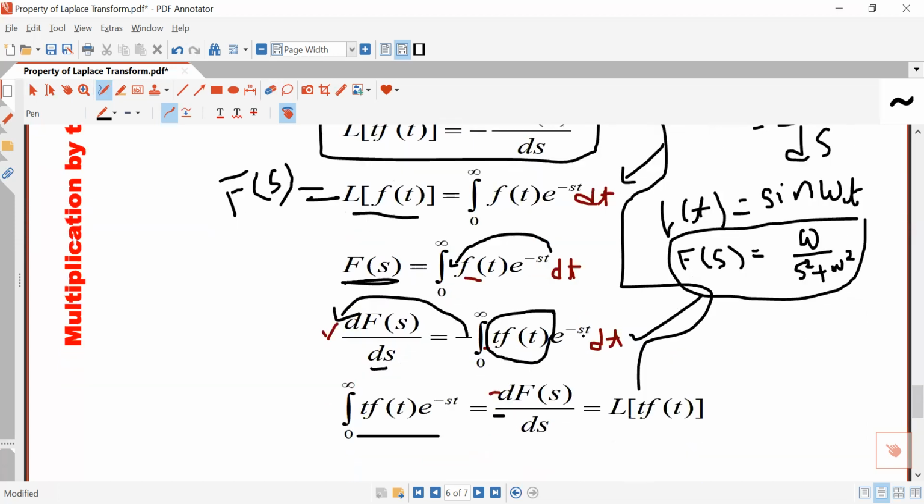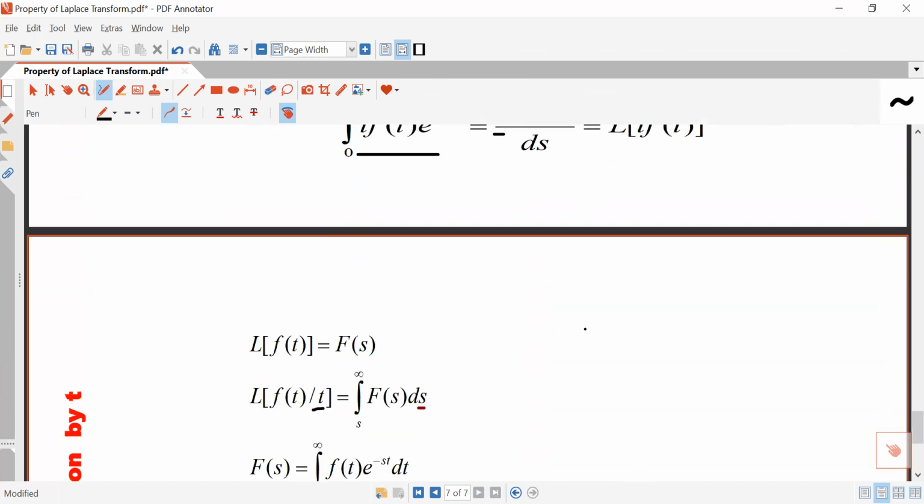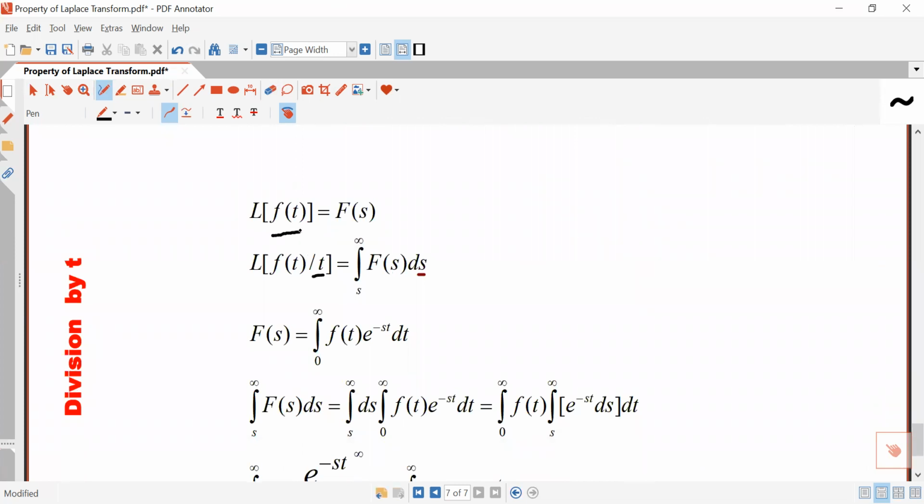Similarly, the other property is division by t. What will happen when you divide any function f(t) by t? How will the Laplace transform change? If you know the Laplace transform of any function f(t), which is equal to F(s), a function of s, then you can easily get the Laplace transform of f(t) by t.